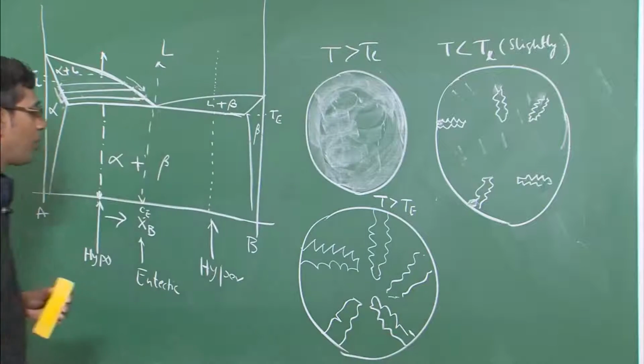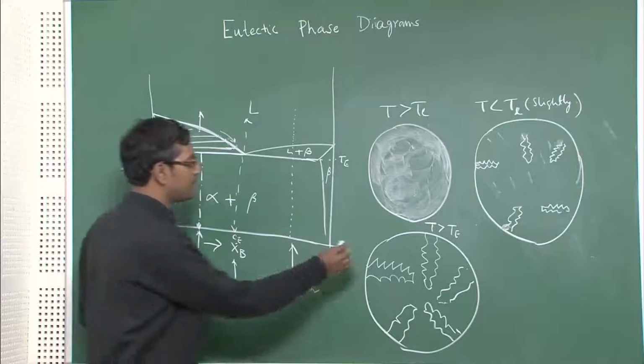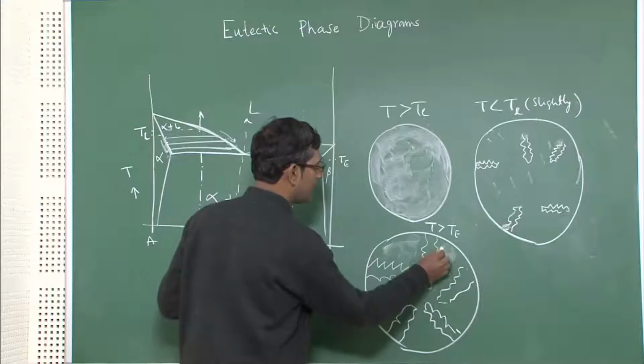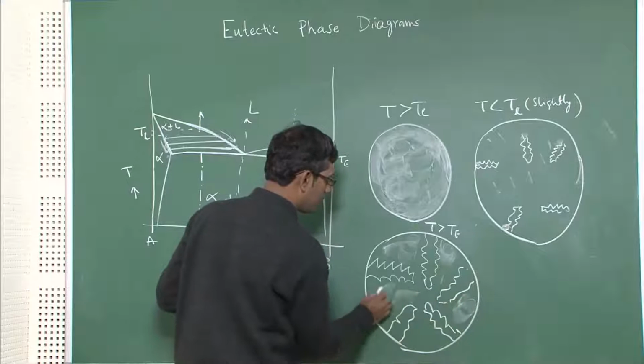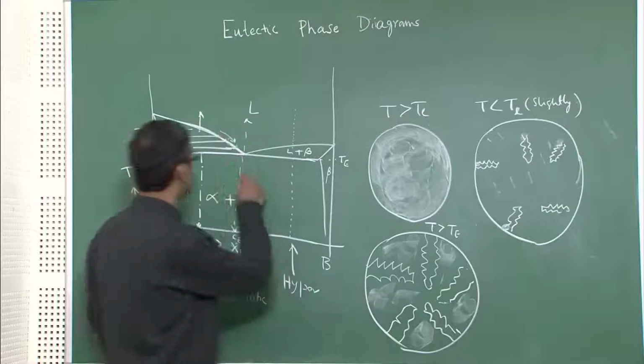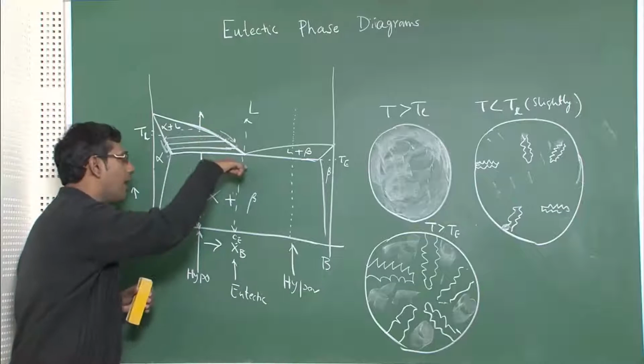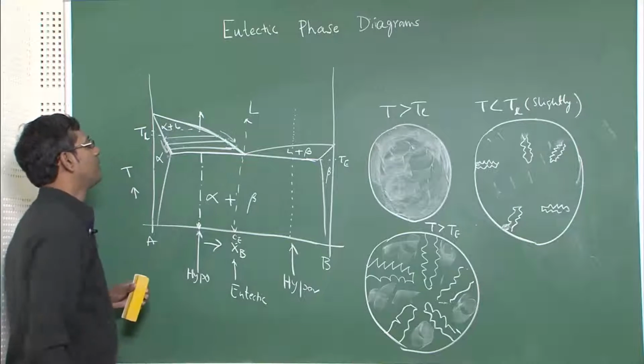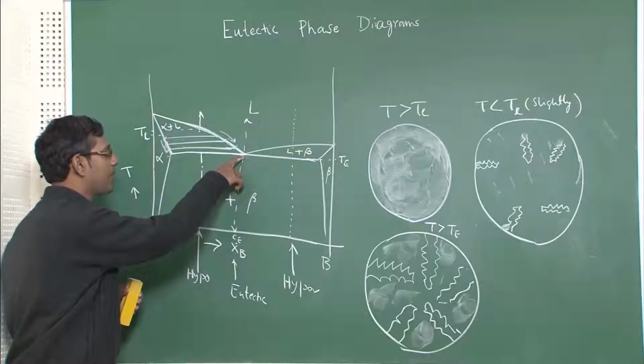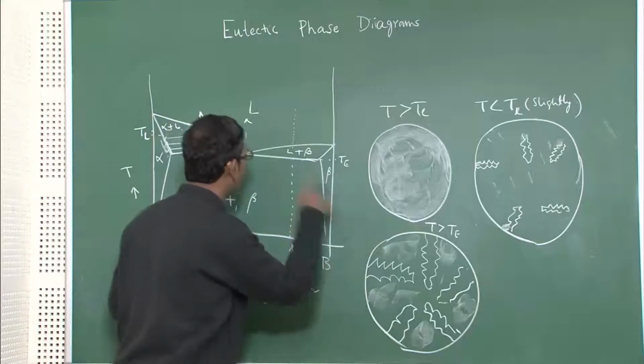And the liquid present here will have a concentration the same as CE. The concentration of the liquid goes down this way, so just above the eutectic temperature the concentration will be CE.